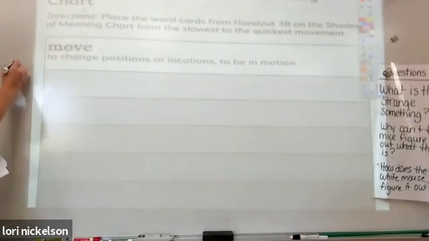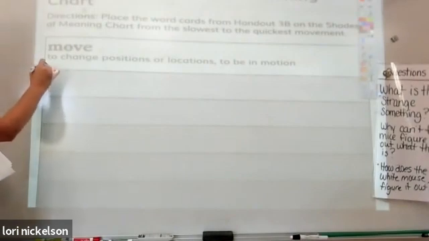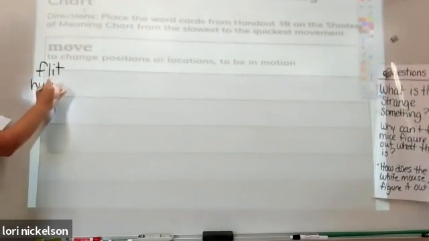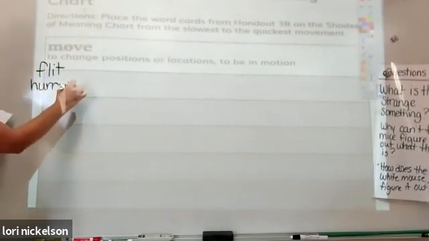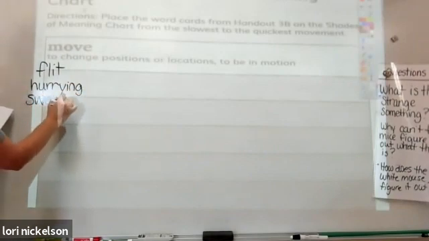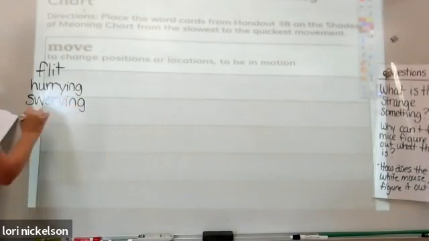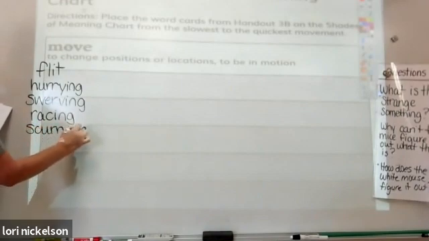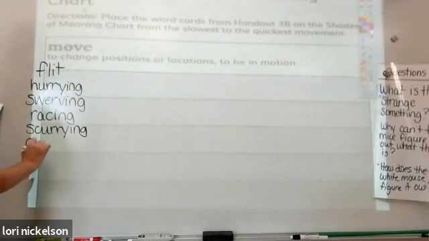So we have the word flit, we have hurrying, swerving, racing, scurrying, curving. Okay, so we have those 6 words.